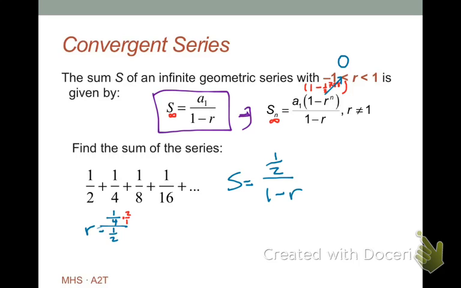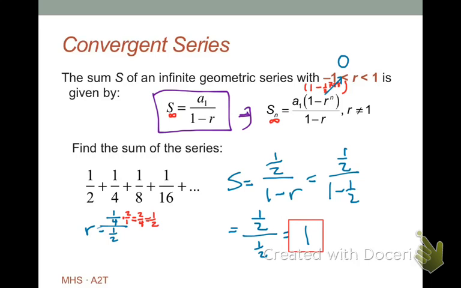So 1/4 times 2 over 1 is the same as 2/4, which is 1/2. So R is 1/2. Now we can plug that into our formula for the sum of our infinite series, and we'll get 1/2 over 1 minus 1/2, which is 1/2 over 1/2, which is just 1. And that's exactly what we saw in the slide before.